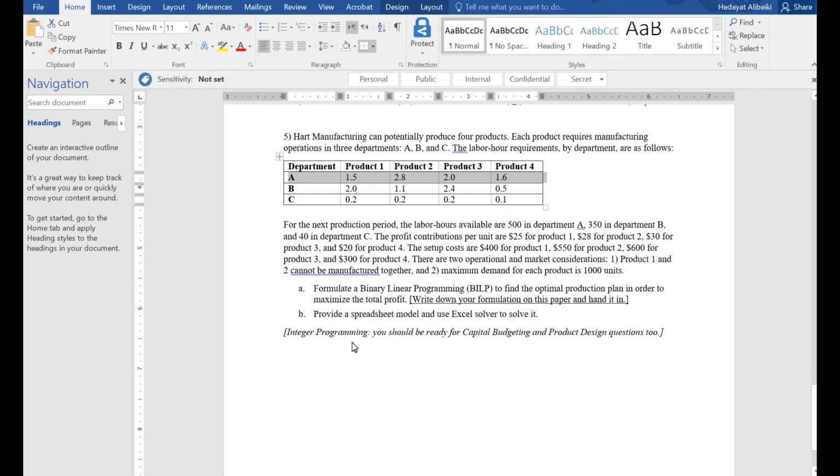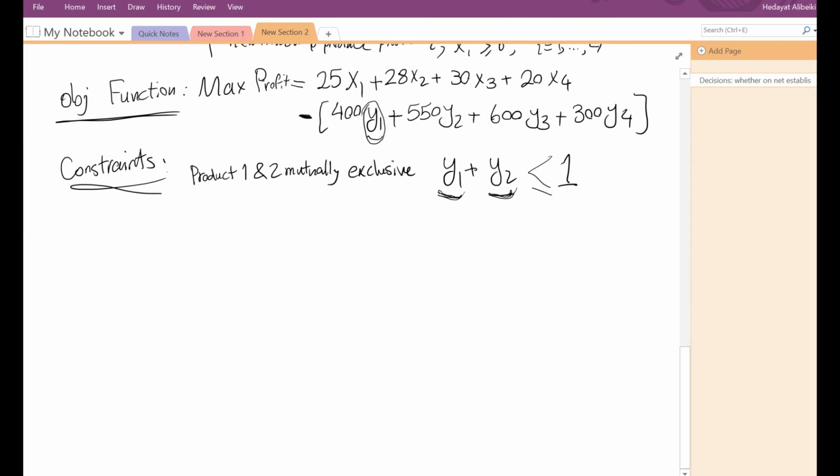So how do we write it? For each unit of product 1 that is produced, we need 1.5 labor hours from department A. So let me just write it this way.